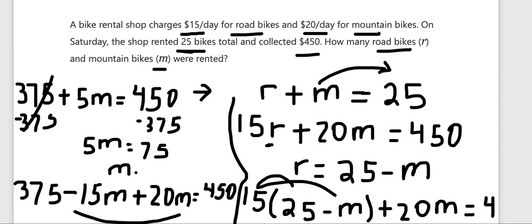And what is M? M is the mountain bikes. So if I sold 15 mountain bikes, how many road bikes? I sold 10 because there were 25 in total. So my answer is 15 mountain bikes, I'm going to put it here next to the end, and 10 road bikes.